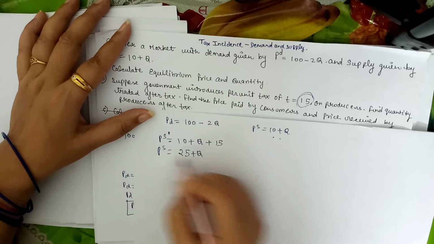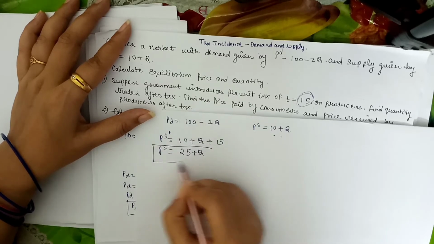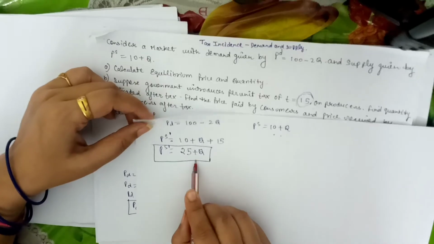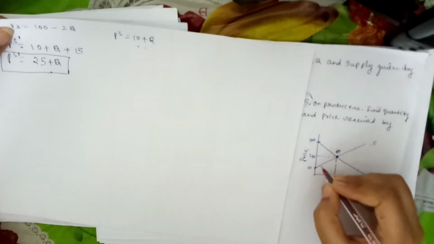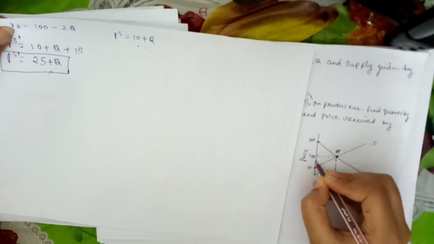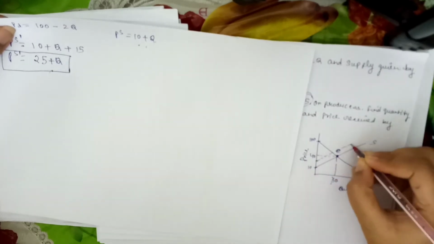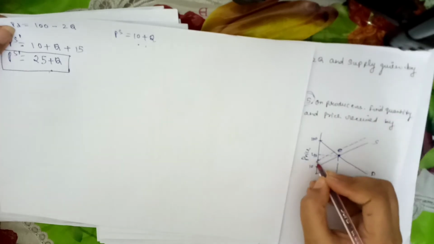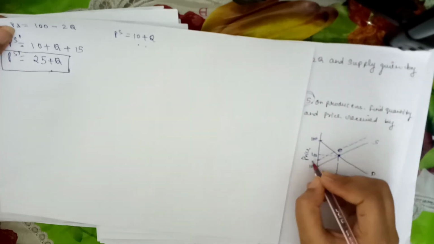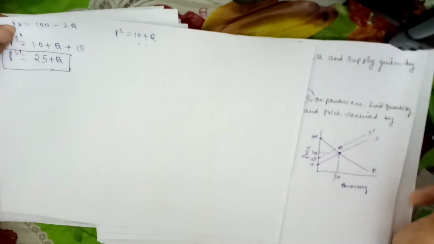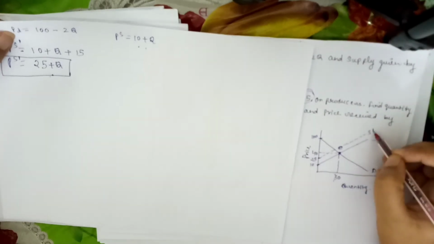So this is my new supply function. We can also plot this on the graph. So here this is our 25 and we can draw it like this. This is our 15 tax, so here I am writing 25 and this is my new supply function.